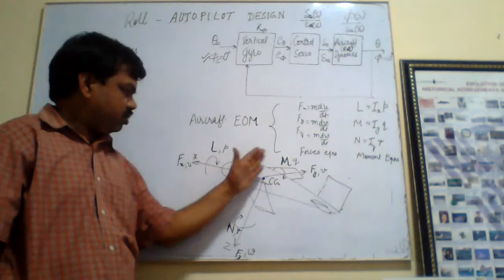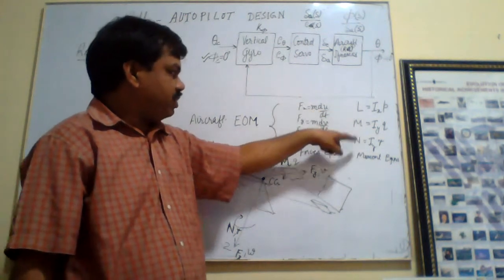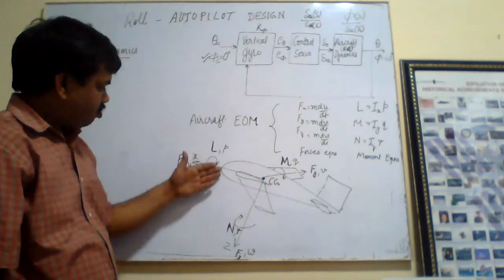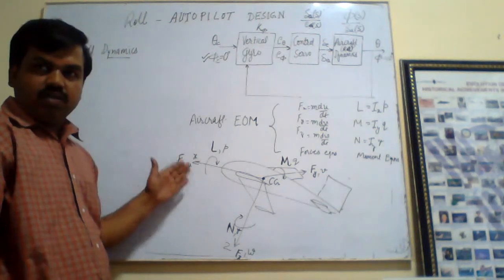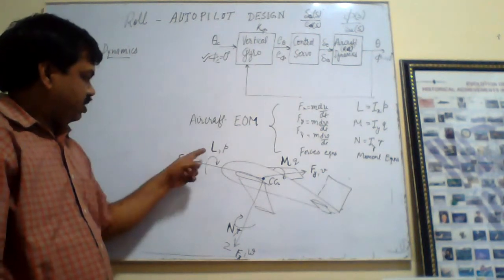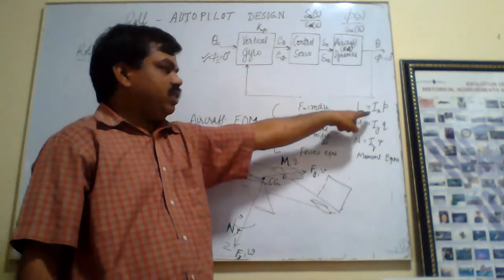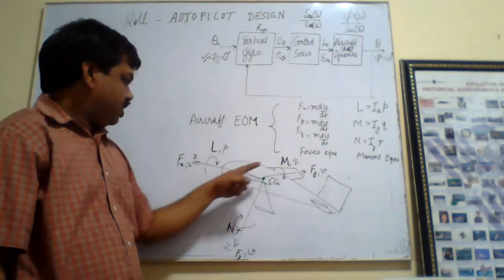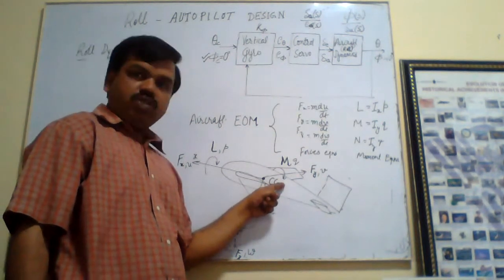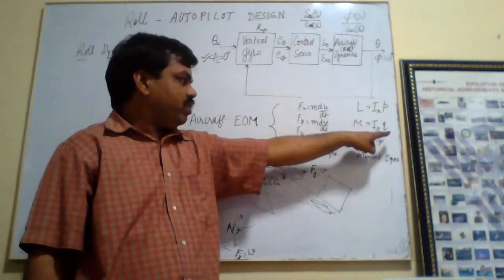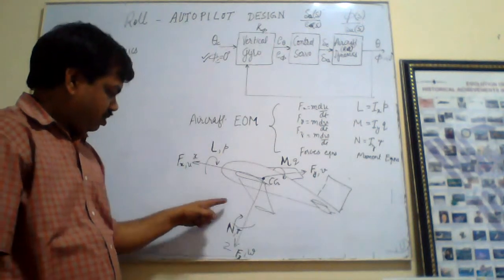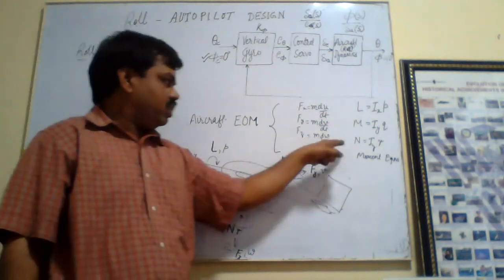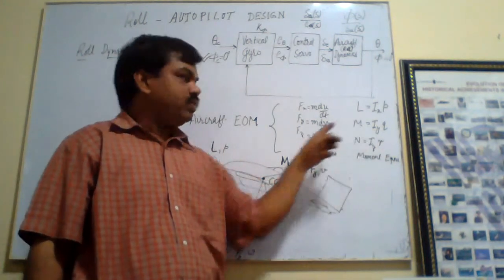Now for rotational motion, we have moment equations. For equation of motion in roll, we have the rolling moment equation. For pitch, we have the pitching moment equation. For yaw, we have the yawing moment equation.